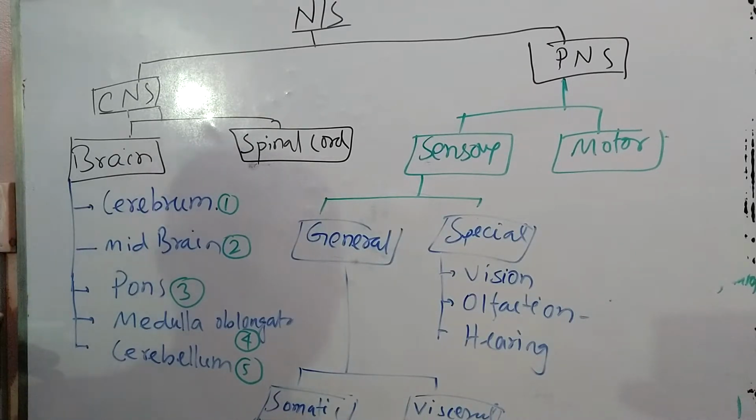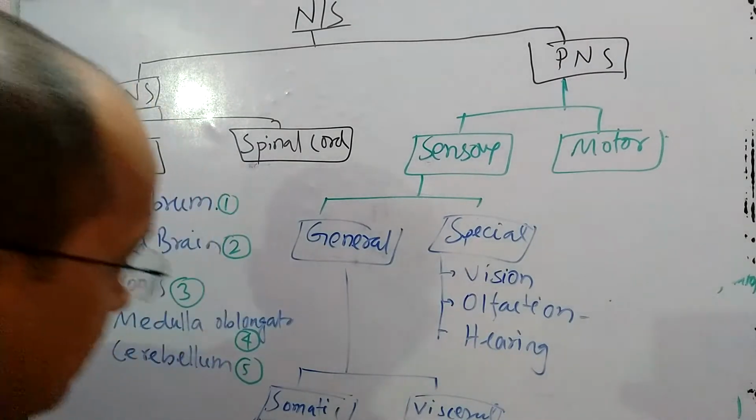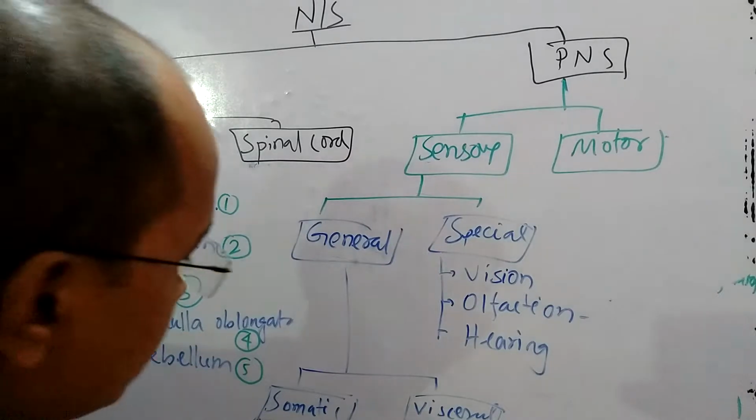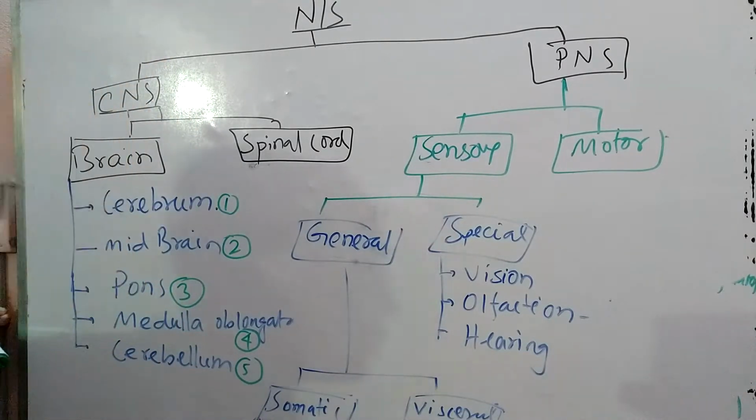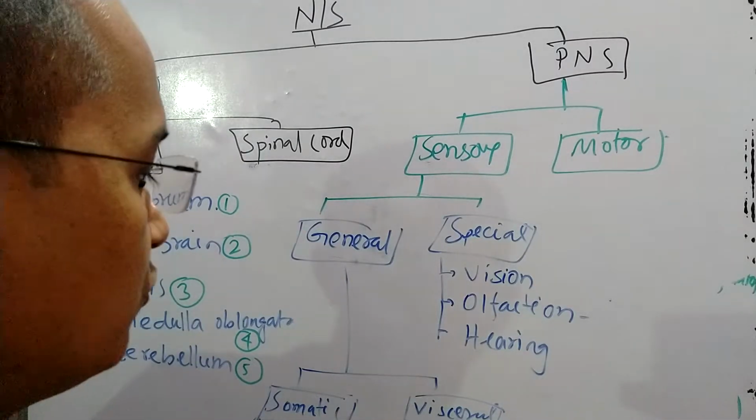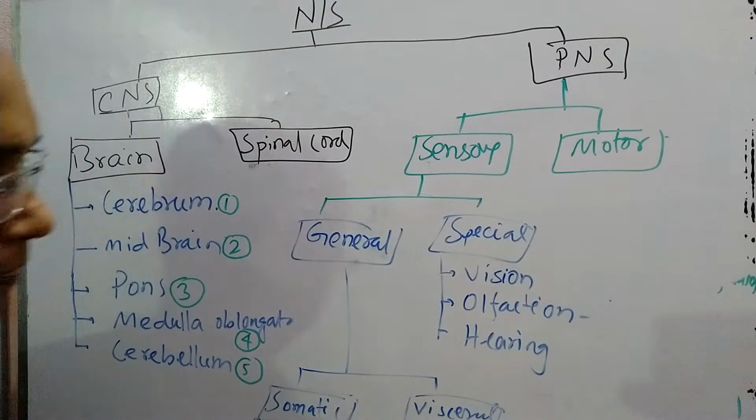Touch may be fine touch or crude touch. Somatic sensations are fine touch, crude touch, pain, temperature, and 2-point discrimination.